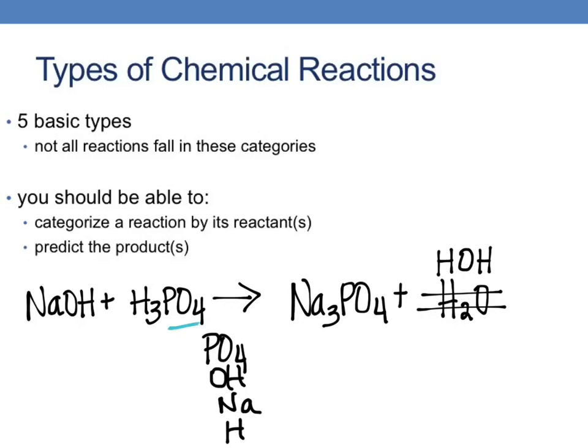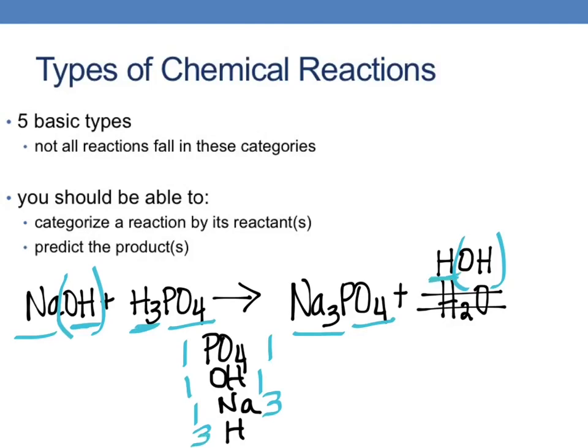So my PO4s, I have one of them. And I have one. My OHs, I have one. My Na, I have one. And I have 3. My H's, I have 3. And I have 1.